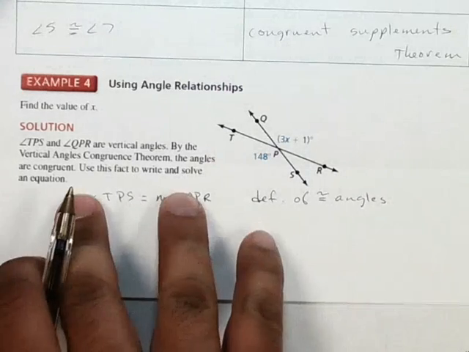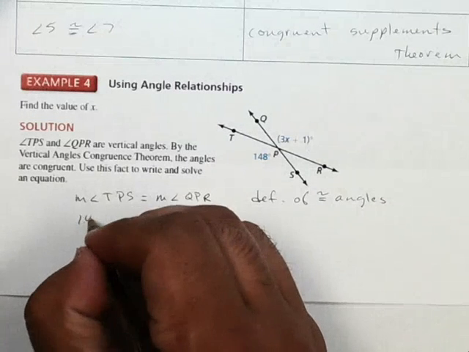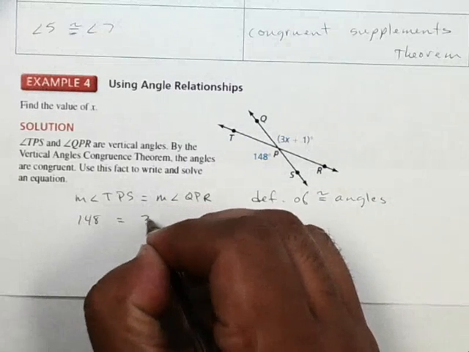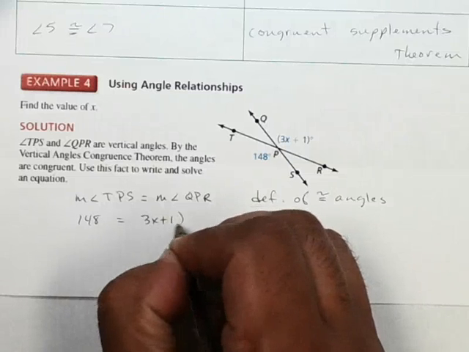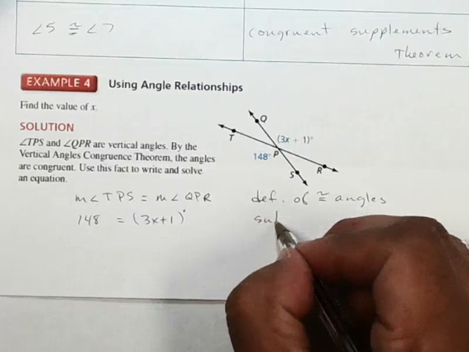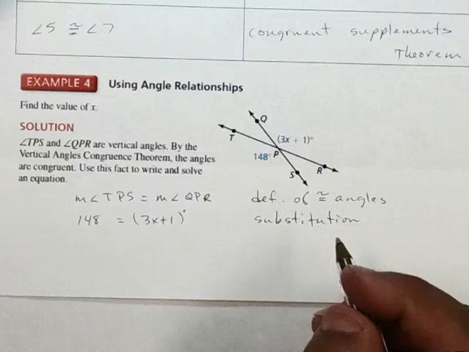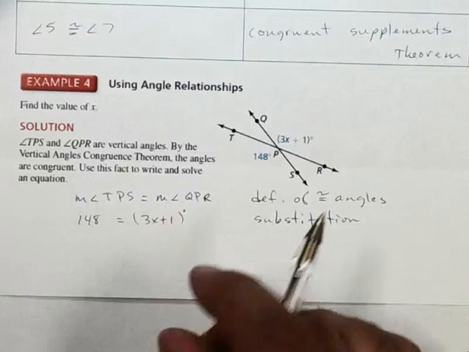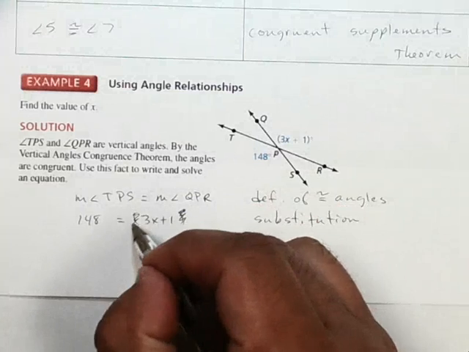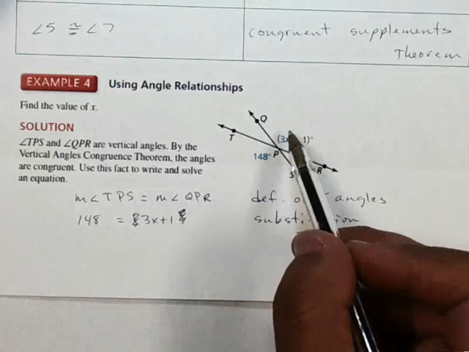Okay, because I know that, I'm going to use the actual measurements, which would be 148 is equal to 3x plus 1. And that would be just substitution. Now I really don't need the parentheses. I can kind of ignore those, since I don't have any multiplication or division associated with the parentheses.